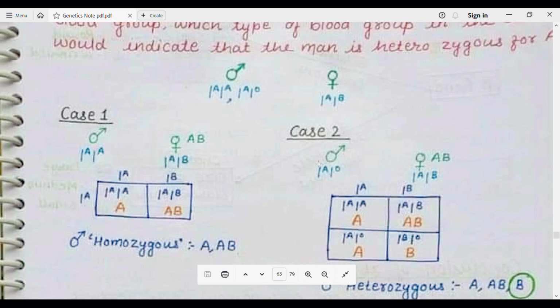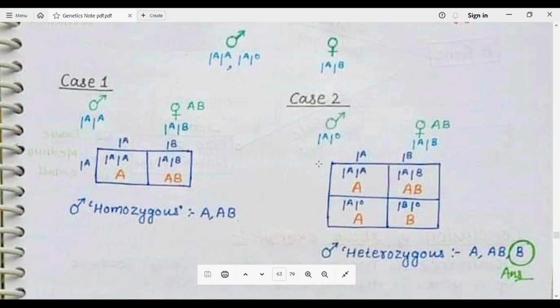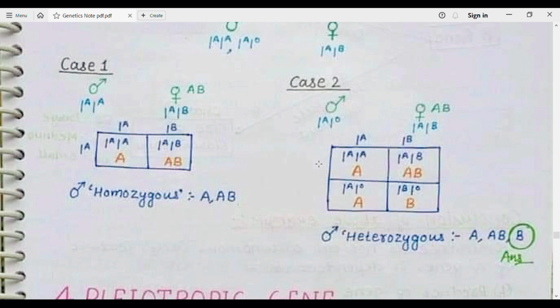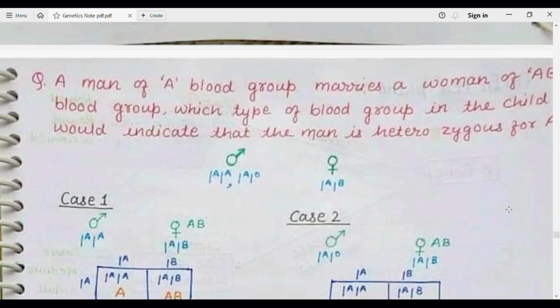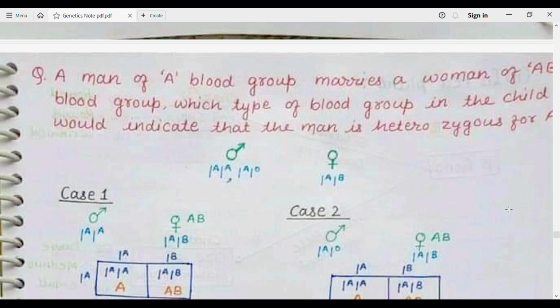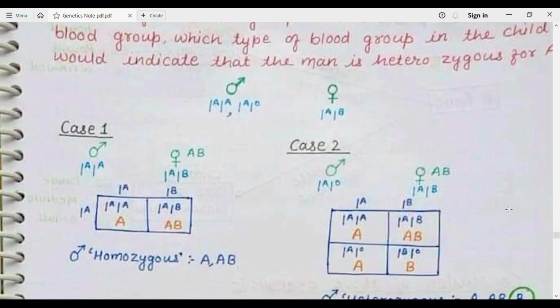While in case two, if the male is heterozygous for A blood group and the woman has blood group AB, then A, AB, and B blood groups are possible. When B blood group is produced, we can clearly say that the man's blood group is heterozygous.